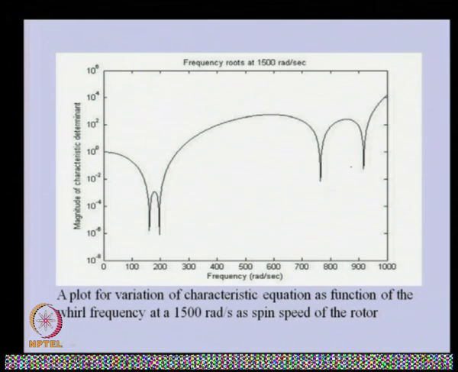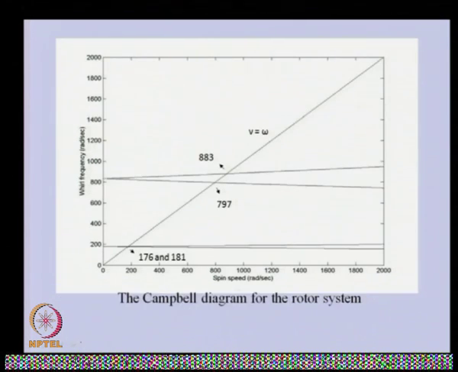So, if we vary the speed, pick up all these frequencies and plot them with respect to speed, we will get the Campbell diagram. You can see this is the spin speed, and these are the 4 natural frequencies we are getting.